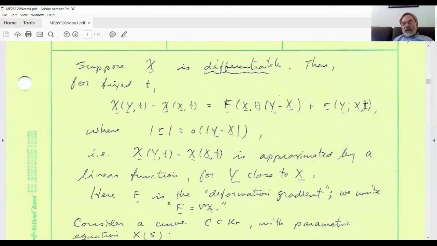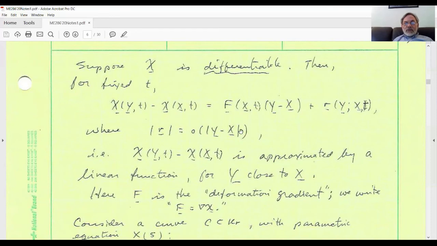A tensor, F, we call the deformation gradient, associated with point capital X and time t, operating on the vector difference Y minus X, plus a nonlinear part, small r, a vector valued function that depends on capital Y, capital X, and the time t, which is obscured here.